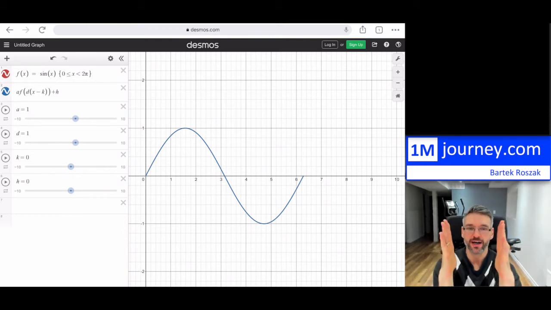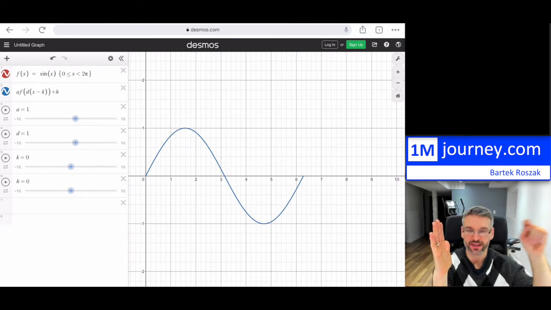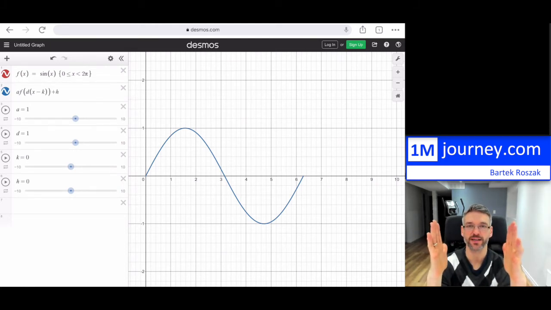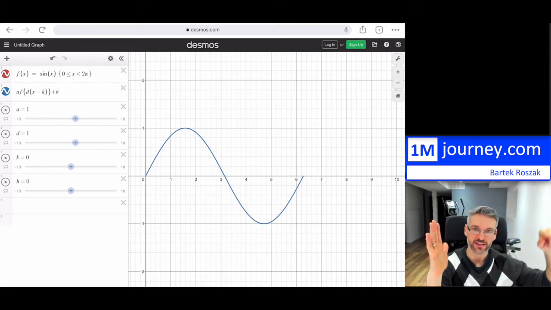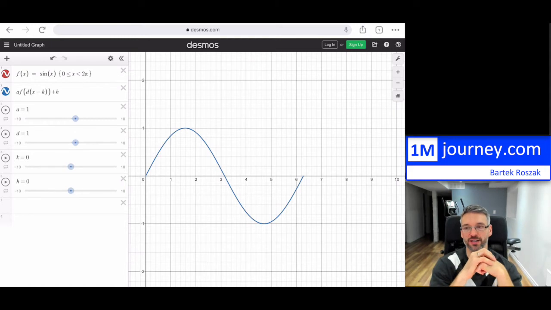When I have one, I can extrapolate, I can make more cycles after I do the transformations. Then it's much easier for me to see. So I like to restrict it to one period and then work on the transformations and then extrapolate for more periods if you wanted to.